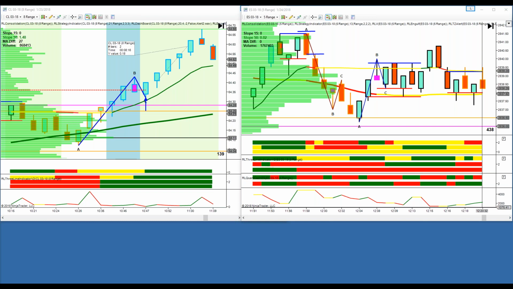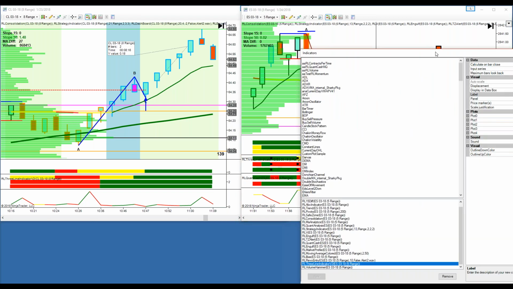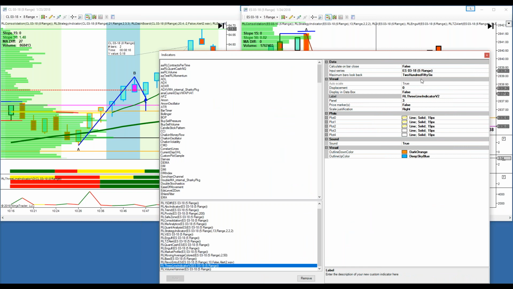Yes, it does. Now, Gord, we made it smarter. We took out the inputs. That's what we're moving to on all our indicators. What we don't want to do is, everyone needs templates and all this complicated stuff when they change time frames and stuff. You'll notice that on the new 3 line, the inputs are gone. It automatically defaults to the appropriate inputs, whereas the old one, you had to stick it in.